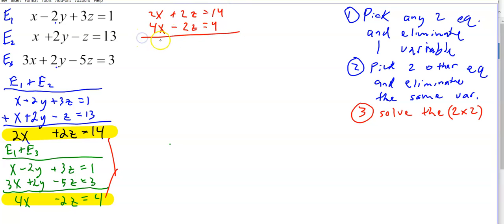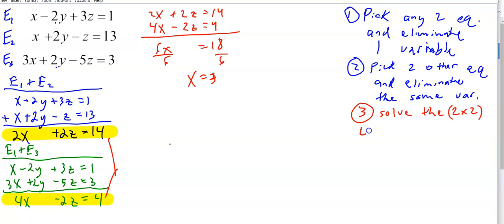If I add those up, I get 6x equals 18, divided by 6, and I got x equals 3. And we're not done. Technically, we're a third of the way done for this one problem. Actually, we're more than that. We've done the hard work now at this point.